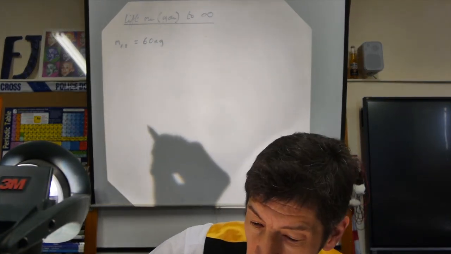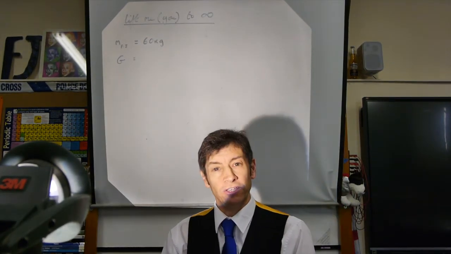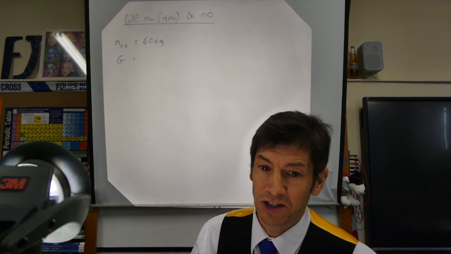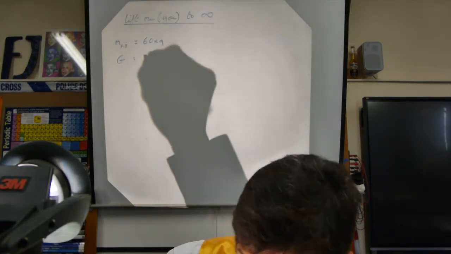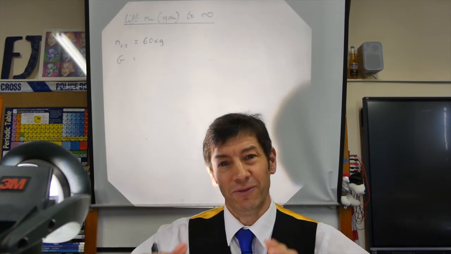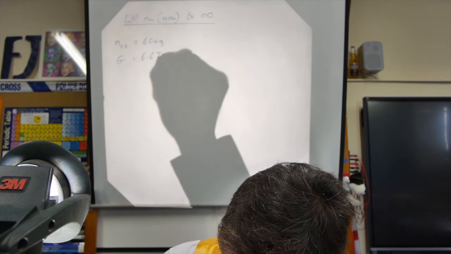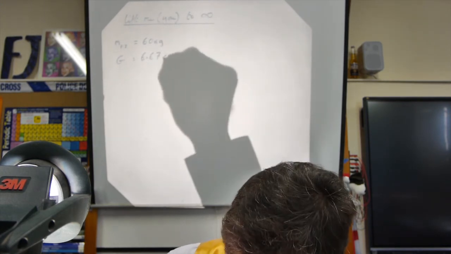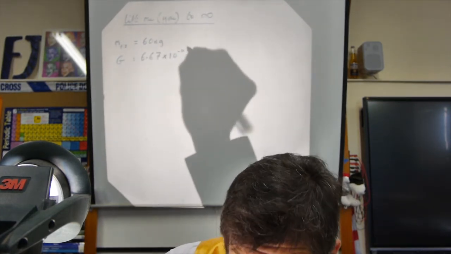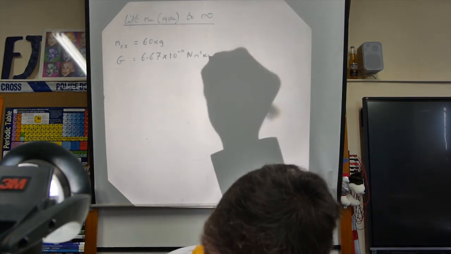We'll have G. I'm not suggesting you can memorize G and its units, but it's a very small number, because gravity is a very long range but very weak field. So 6.67, going to make the point clear, times 10 to the minus 11, newton meters squared kilograms to the minus 2.